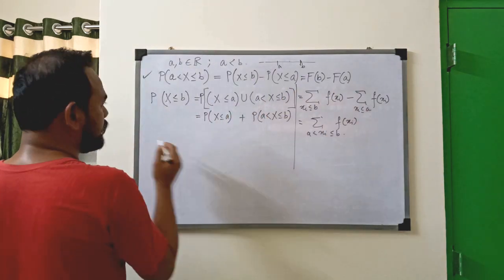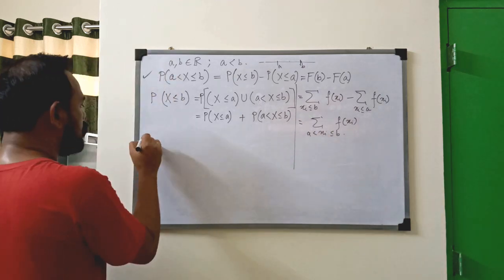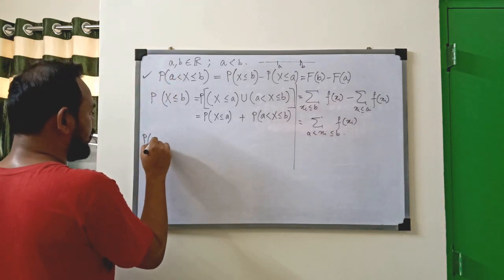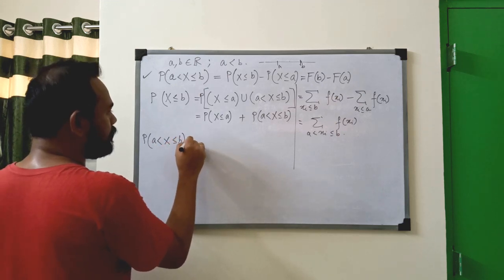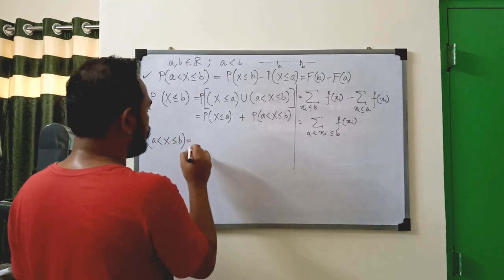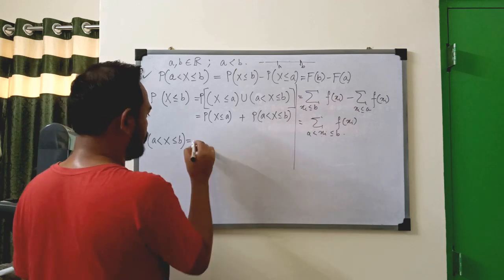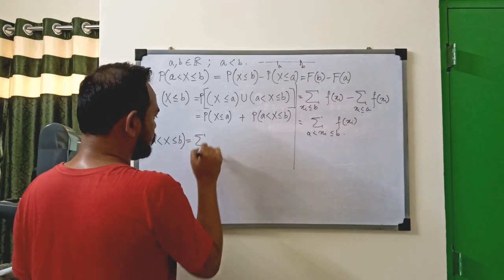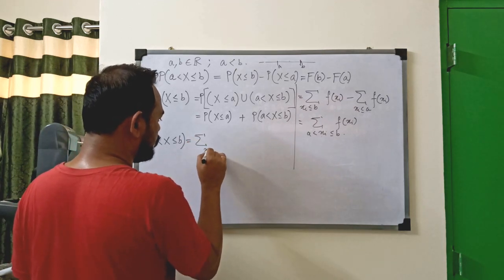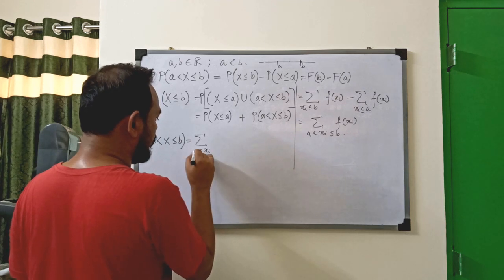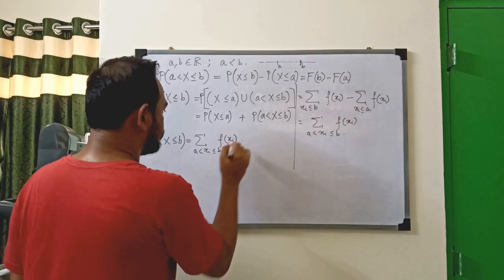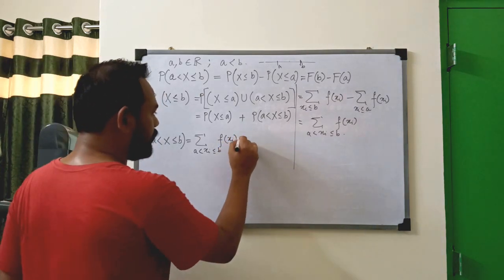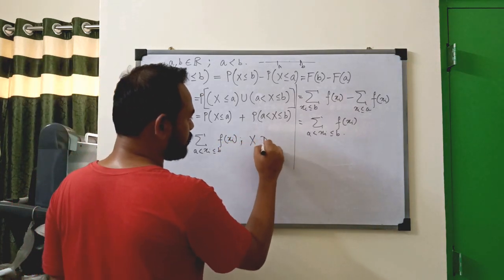So let's just write that down. And this is when X was discrete. Okay? So the probability that A is less than capital X is less than or equal to B is given by this: the summation of the PMF over all spectral points which are greater than A but less than or equal to B. This is when X is discrete.